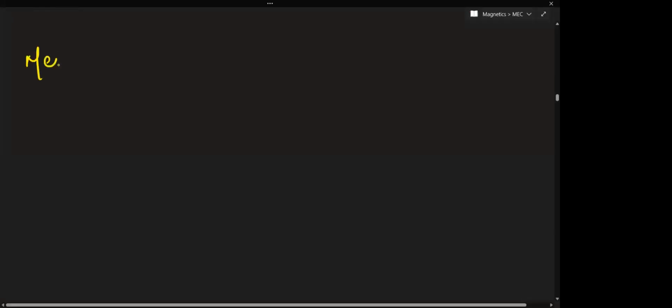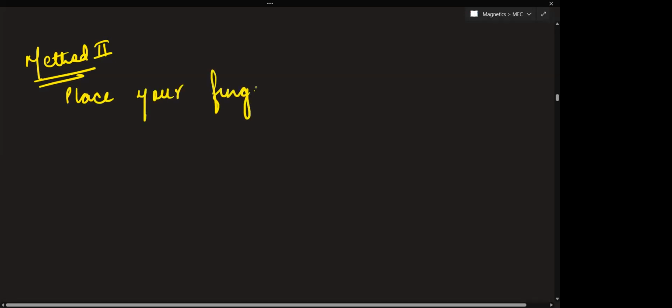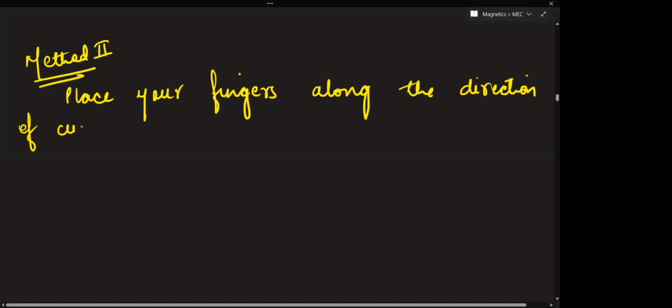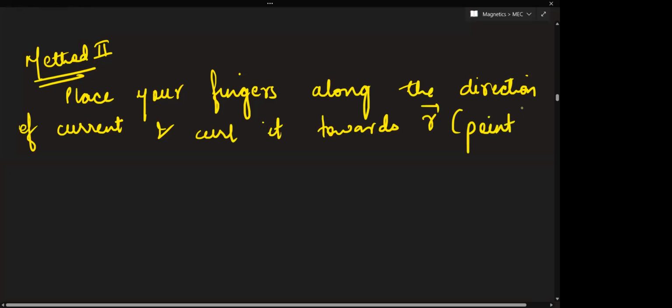So this is method 2. It says, this is also the right hand thumb rule only. Place your fingers along the direction of current and curl it towards R. Towards R means whatever point is given, or let me write point, whatever point you have chosen.